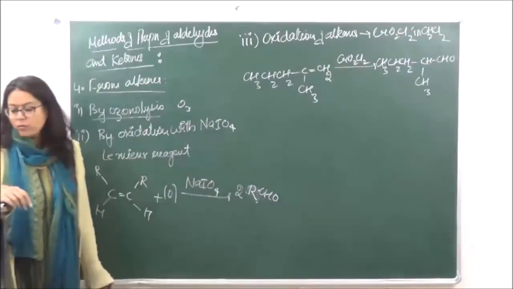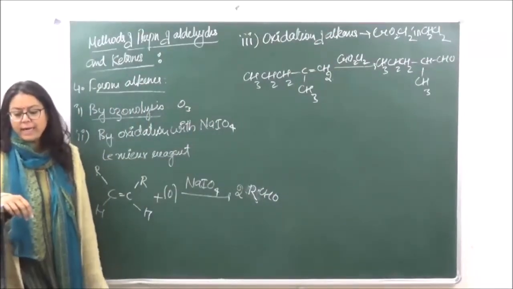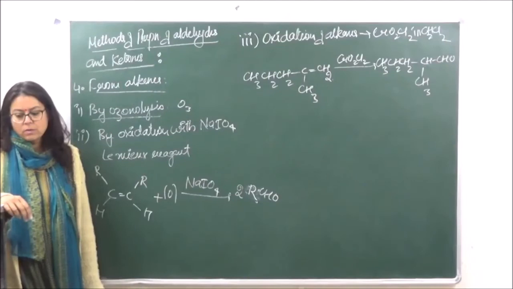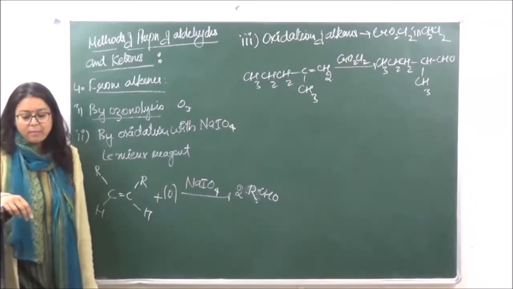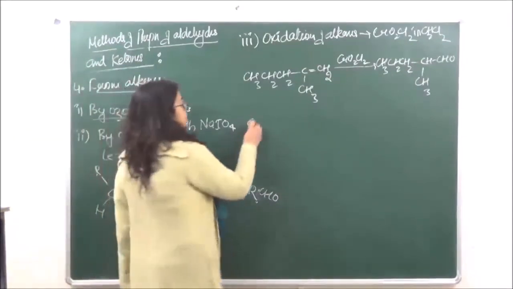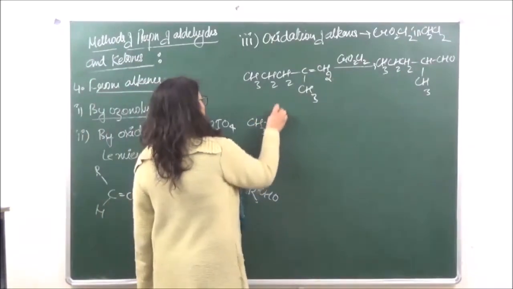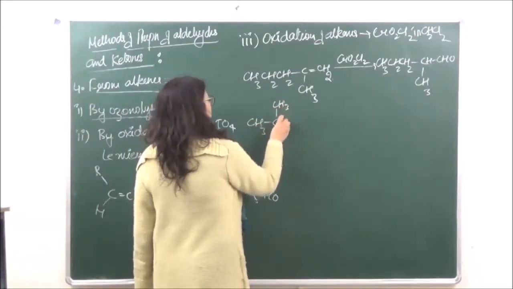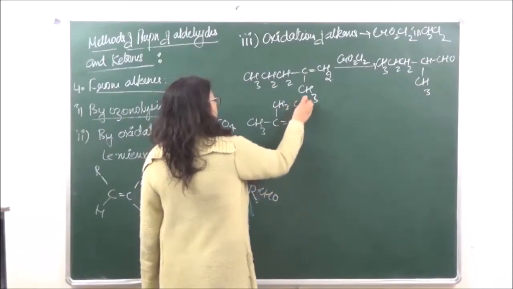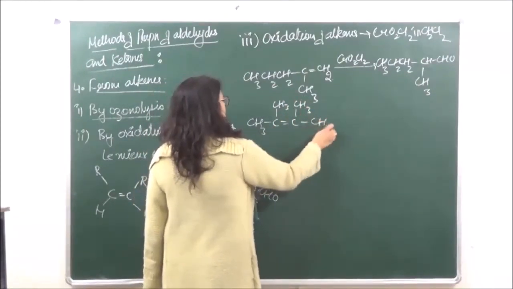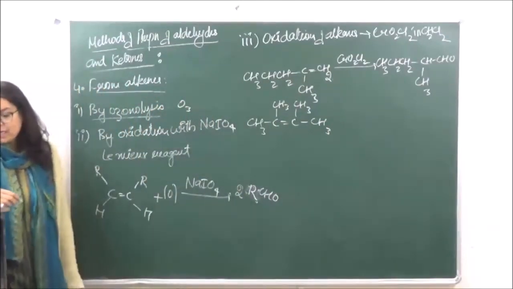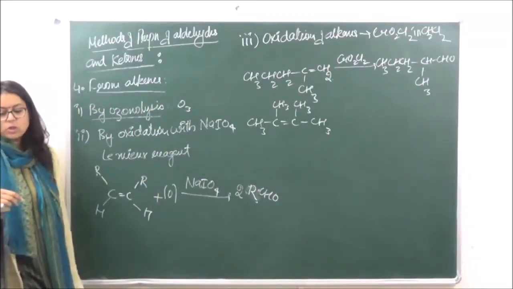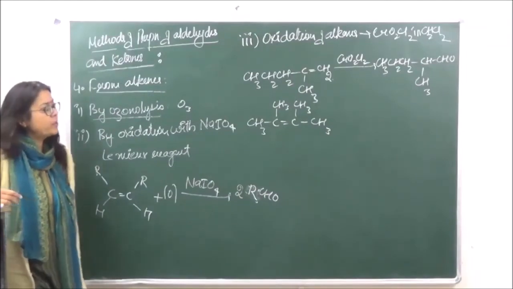This is the compound which we are going to get, 2-methyl pentanal. Okay, and if we have over here 2,3-dimethyl but-2-ene, this is going to give us 3,3-dimethyl butan-2-one.